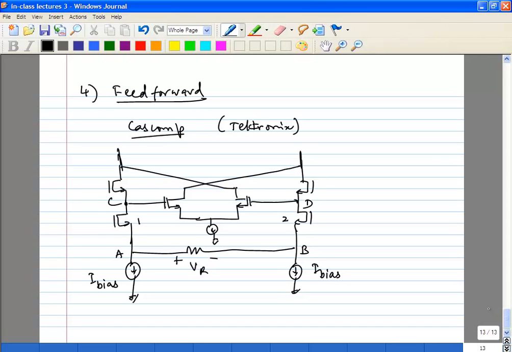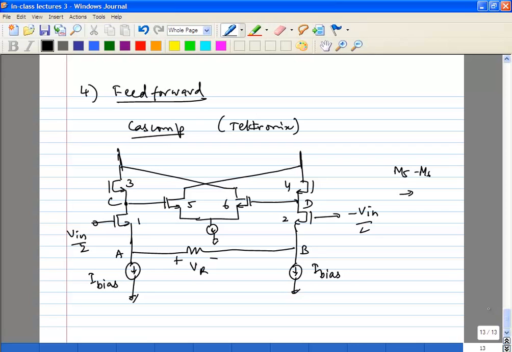One, two, and apply Vn by 2 and minus Vn by 2 here. So your M5, M6 is your error amplifier.